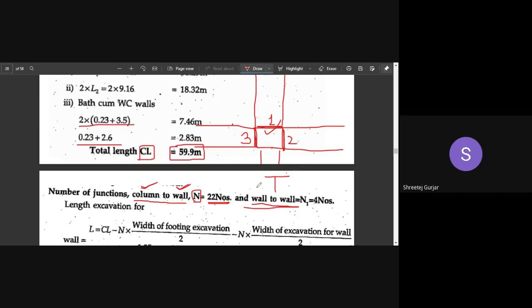But you have to leave out the junctions which you have already considered over here. So leaving out these 22, you have to look into T junctions except wherever you have considered these 22 junctions. Leaving this, if there are any T junctions left, you have to consider those.